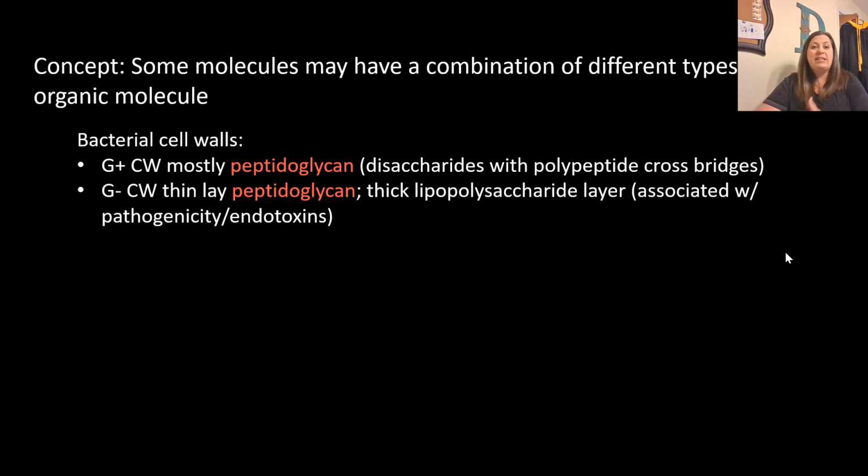Gram-negative cell walls have a thin layer of peptidoglycan, but then they have a thicker layer of what we call a lipopolysaccharide. This is what makes it more pathogenic, also producing endotoxins. These cause differences in different types of bacteria, and we'll talk more about gram-positive and gram-negative a little bit later and what that means.